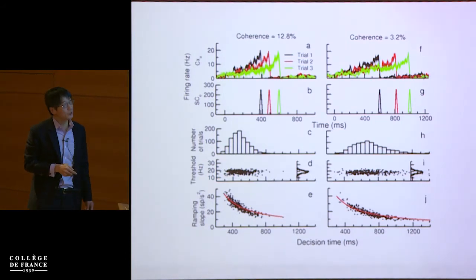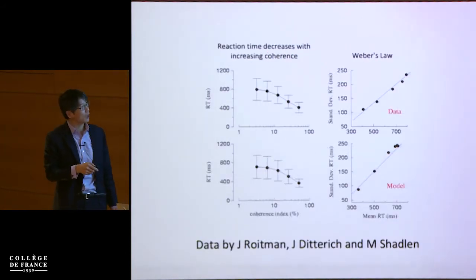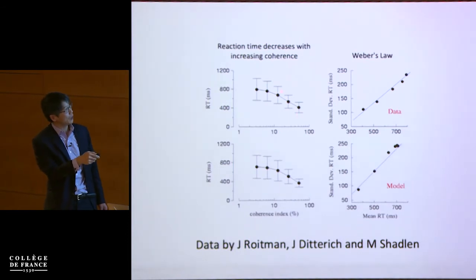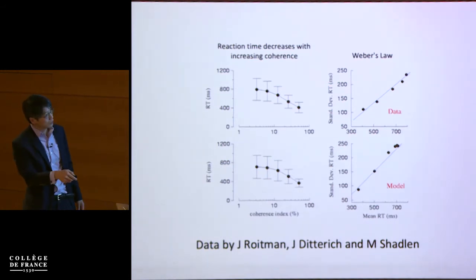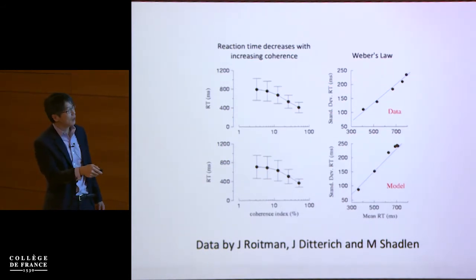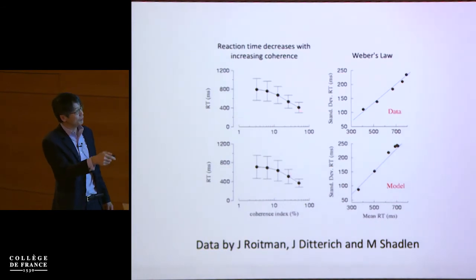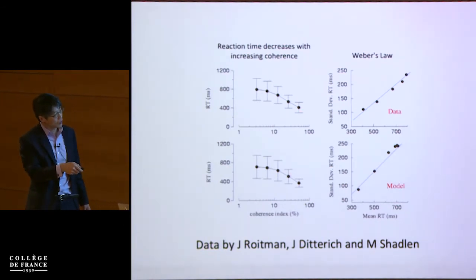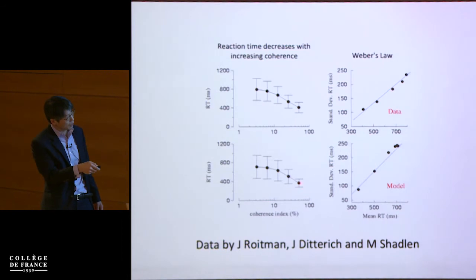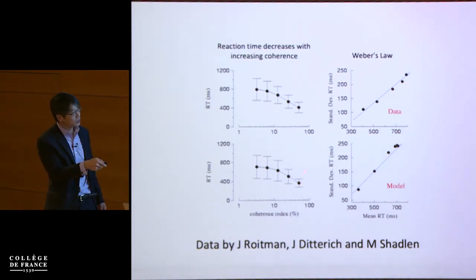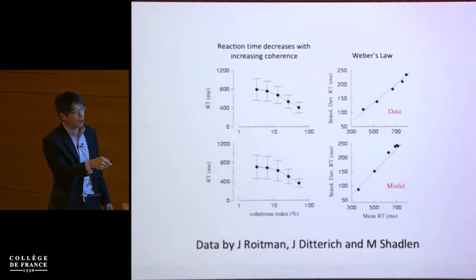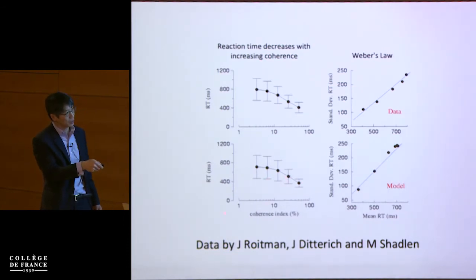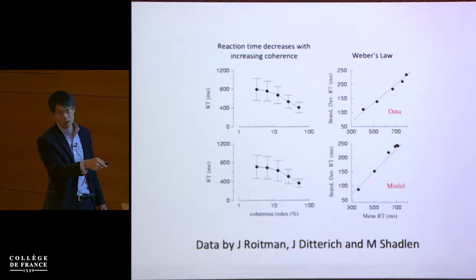Now, using this mechanism, you can read out the reaction time. So here's the mean reaction time as a function of the motion strength or coherence in the model. Actually, I never know which one is which. So here's the model, here's the monkey data, which is similar to the model. And one thing you notice is that not only does the mean reaction time increase with task difficulty, but also the standard deviation increases with task difficulty in a linear way, right?